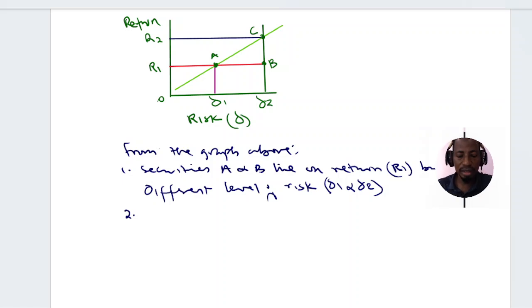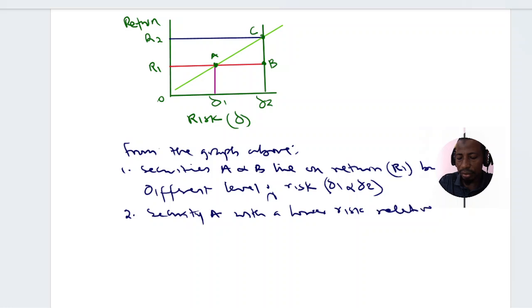However, security A with a lower risk relative to security B is preferred. So we choose security A over security B.